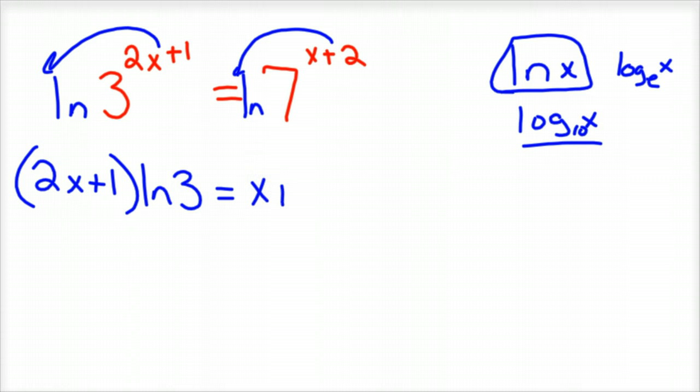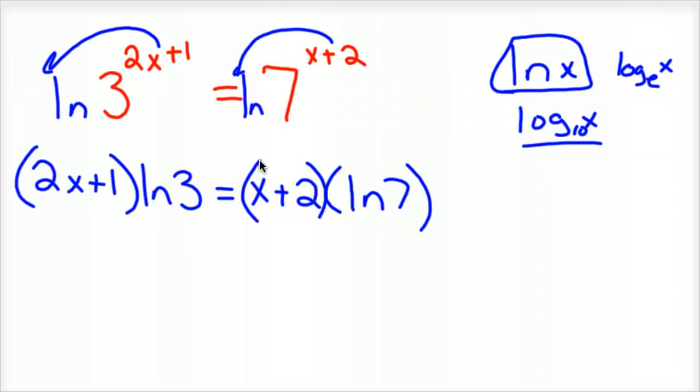And x plus 2 is times the natural logarithm of 7. Whoops, I put the parentheses around the wrong thing. Well, there we go. Fixed it. So here you could start approximating that natural logarithm. So x plus 2 times, there we go.